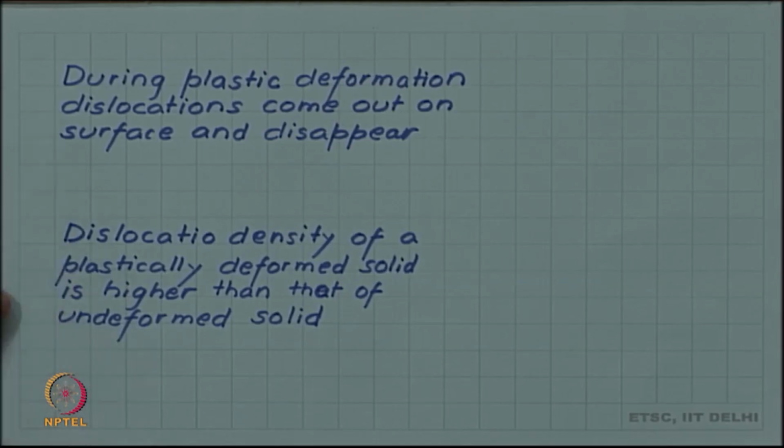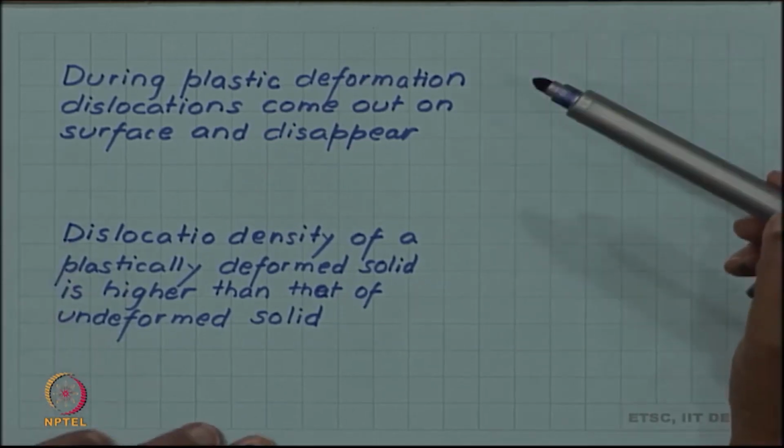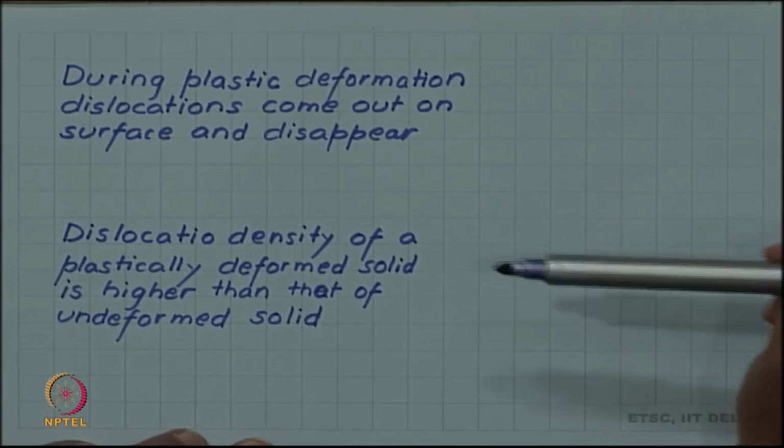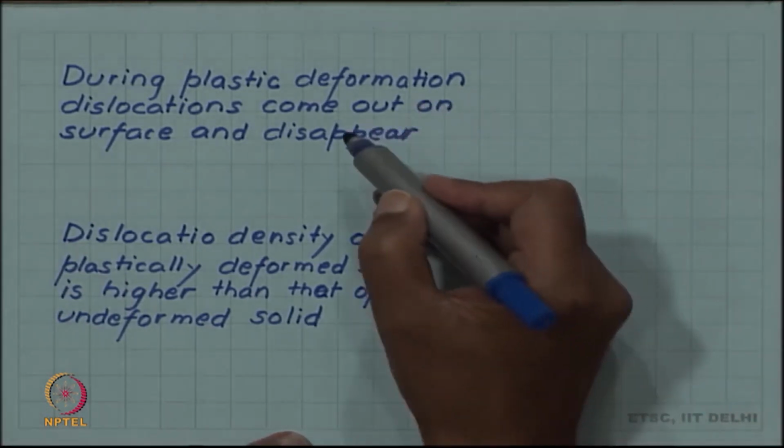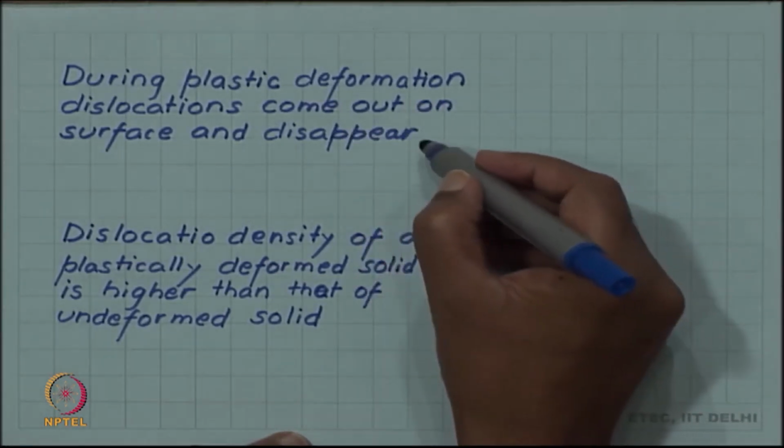In the last video, we saw a sort of contradiction regarding the behavior of dislocation during plastic deformation. During plastic deformation, dislocations come out on the surface and disappear.